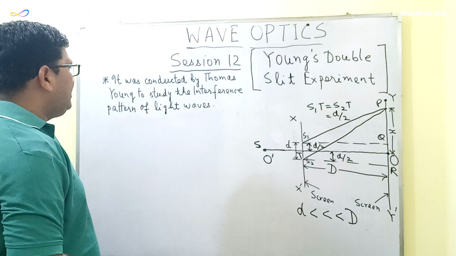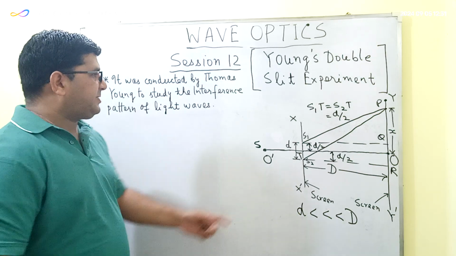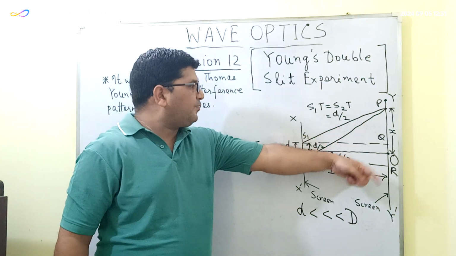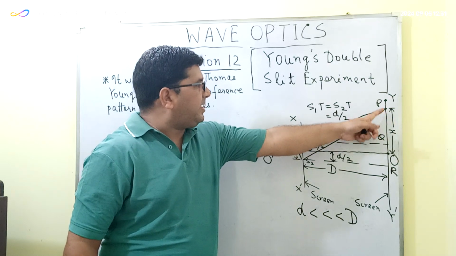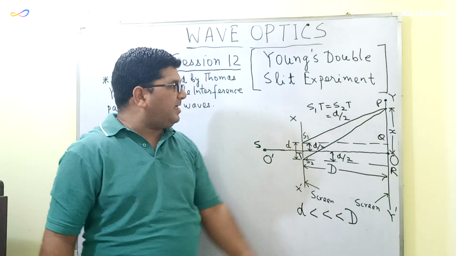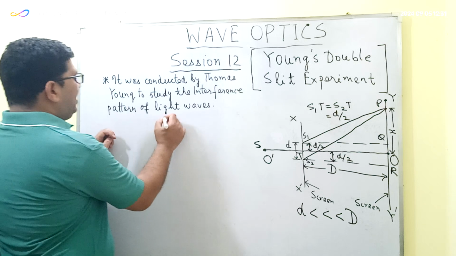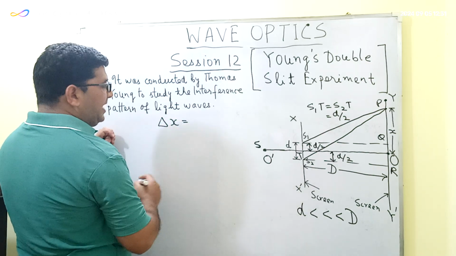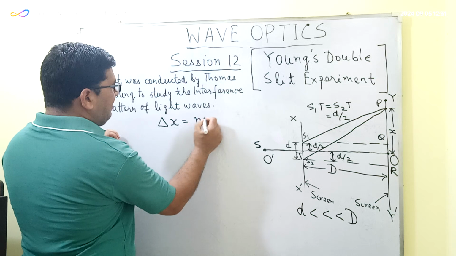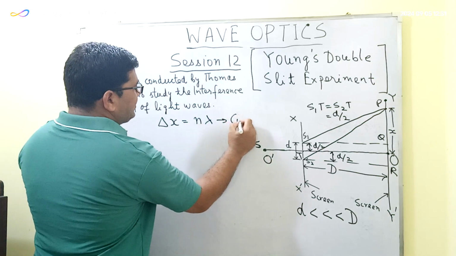In order to find the constructive or destructive interference at a randomly chosen point P on this screen Y', we will use the formula that delta x, the path difference between the two light waves, should be equal to n lambda for constructive interference.